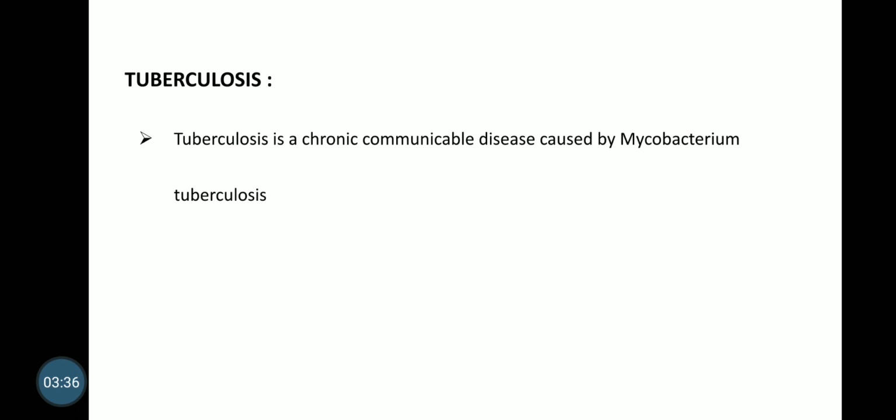Meaning the growth and multiplication of tubercular bacilli takes place in the bronchioles, particularly at the apex of the lungs.